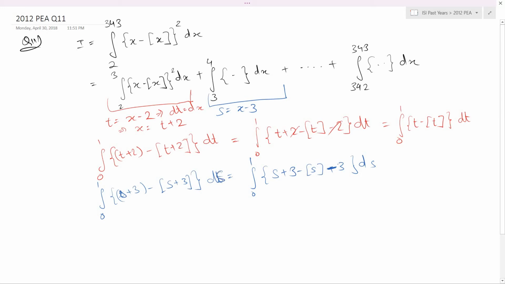Sorry, this should be ds. And the 3 cancels out, so you are left with the integral from 0 to 1 of s minus greatest integer function of s, ds.